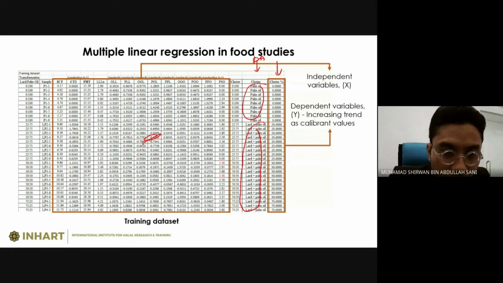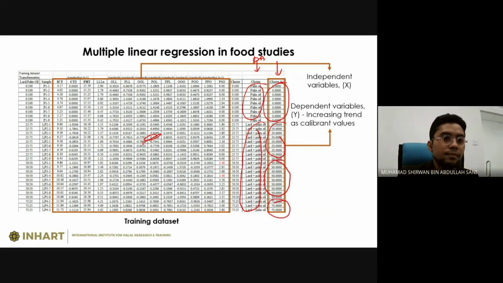So you can see here, 0% of lard, 25% of lard, 50% of lard, 75% of lard. You can see here. So this is what we call the training data set, and this is the quantitative dependent variables. This is your variables lah.